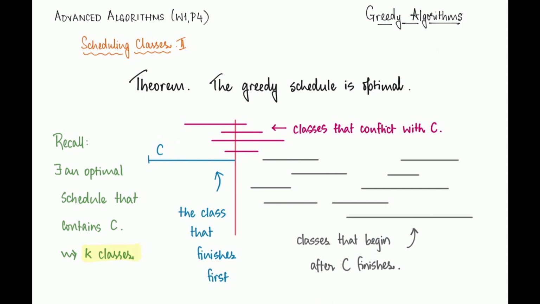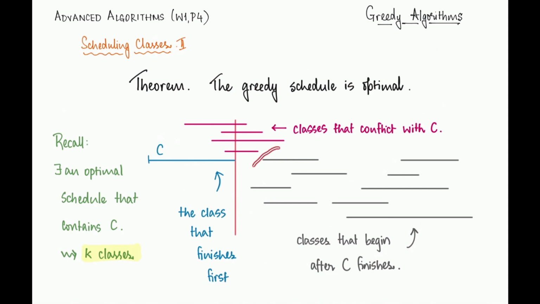Now let's get back to the optimal solution that is guaranteed to us by the previous lemma. Remember, what's special about this optimal solution is the fact that it contains the blue interval C. That implies that it cannot contain any of the pink intervals, and all the remaining intervals must be among the gray ones. So why is this useful?